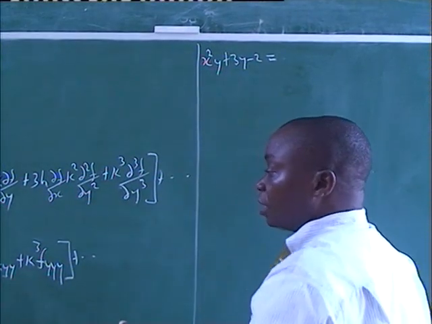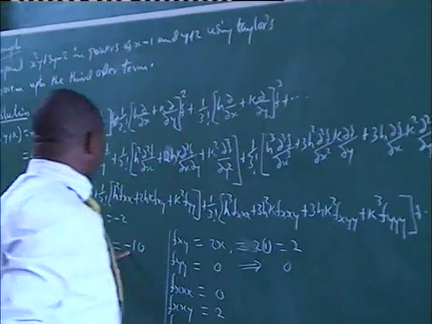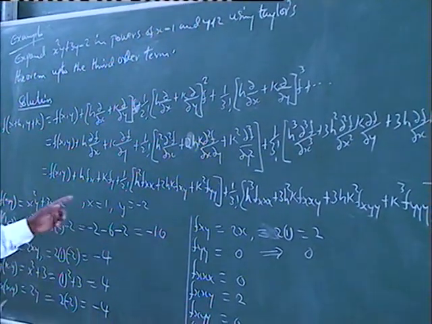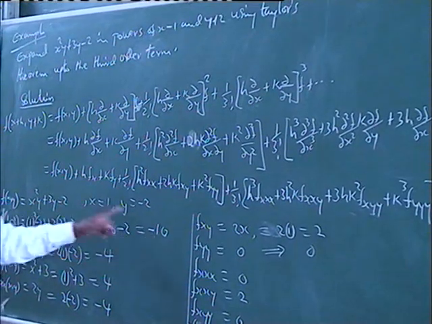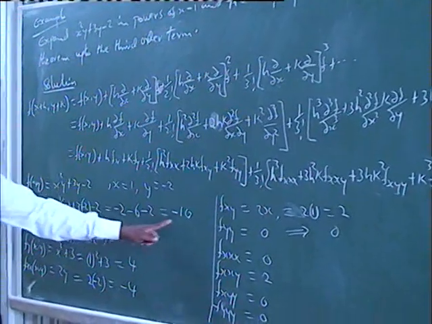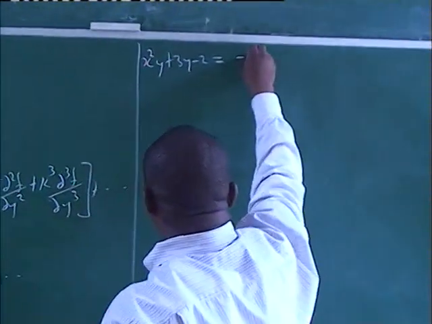In this context, f of xy at the point x is equal to 1 and y is equal to minus 2 was minus 10. So this one now is what we are talking about. Minus 10. So that is the first term. The first term here is minus 10.